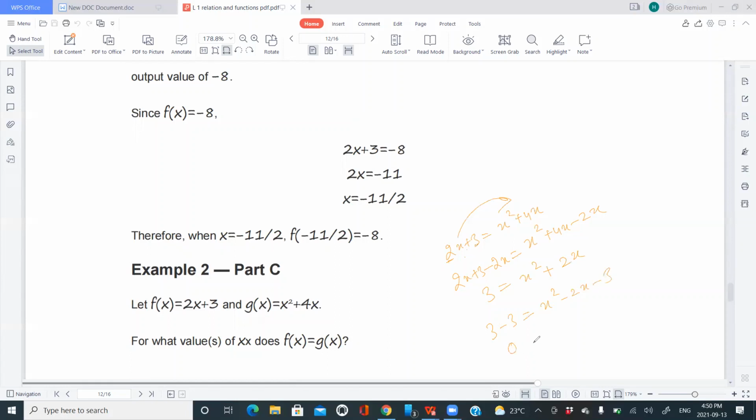Here I will get 0 is equal to x square minus 2x minus 3. And I can flip this equation: x square minus 2x minus 3 is equal to 0. Now this is a quadratic equation, right? You know how to solve the quadratic equation? You can try either factorization or the discriminant method, whatever you want, and you will find the value of x.